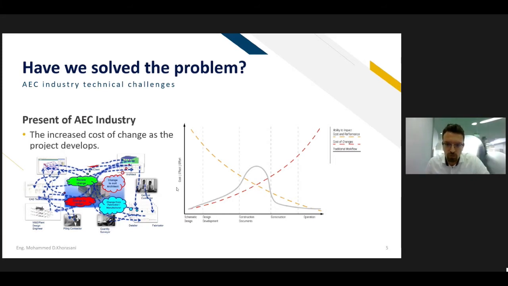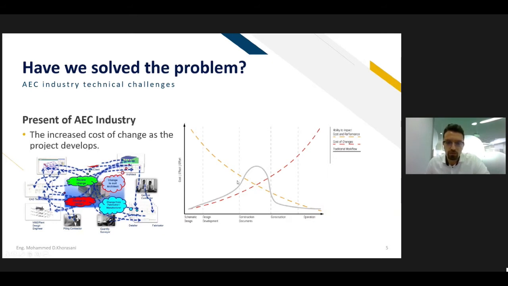So the workload is coming mainly during the construction. At this point of time, the cost of change is significantly high, and the ability to change is significantly low.